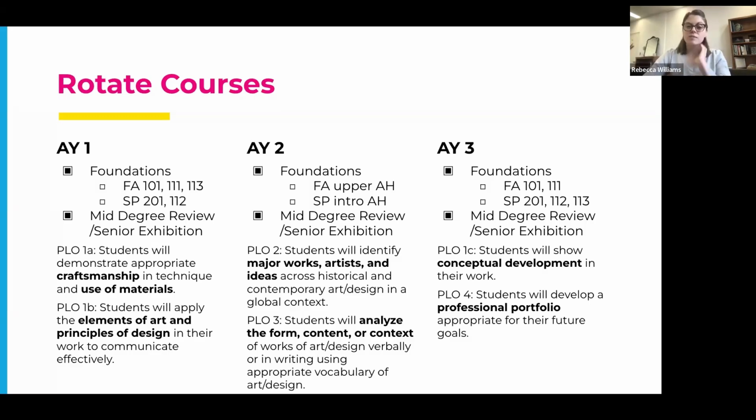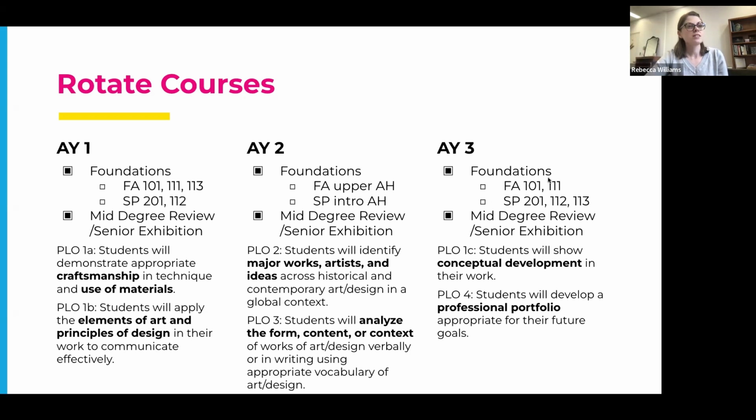So we are able to evaluate achievement of our PLOs at the entry, the middle, and the exit of our program with this approach. So you can see in the slides, right? We've identified which foundations courses we're going to assess in the first academic year of that cycle. And they change to the art history foundation courses in the second year.